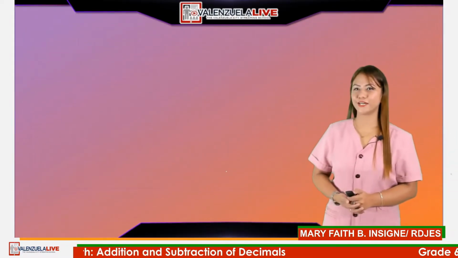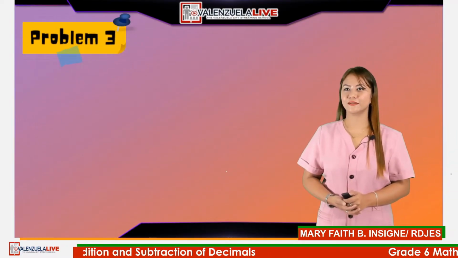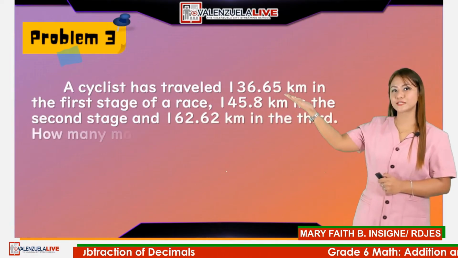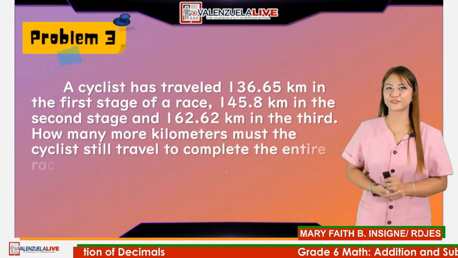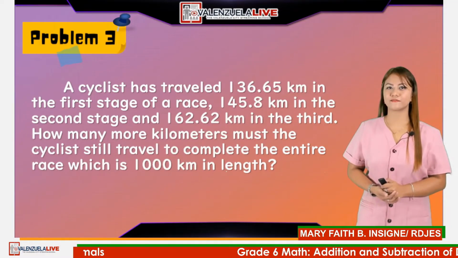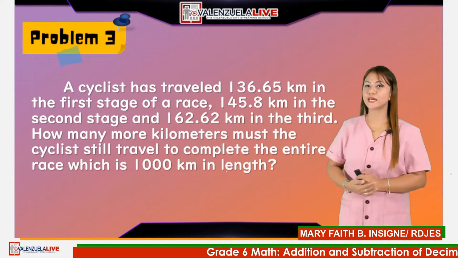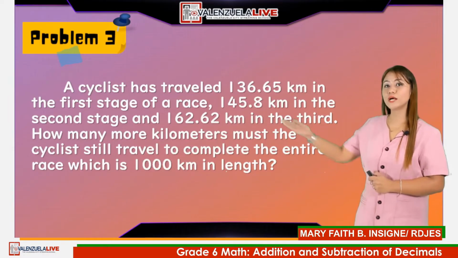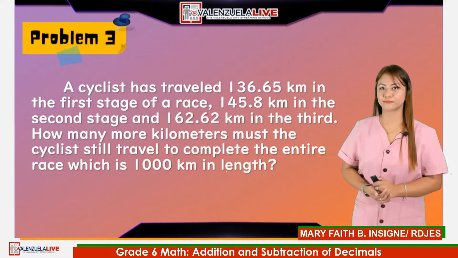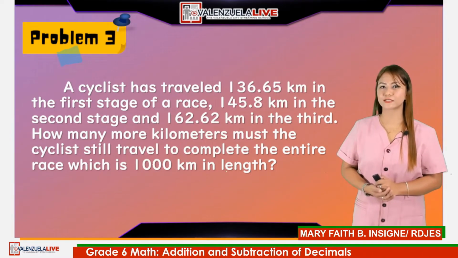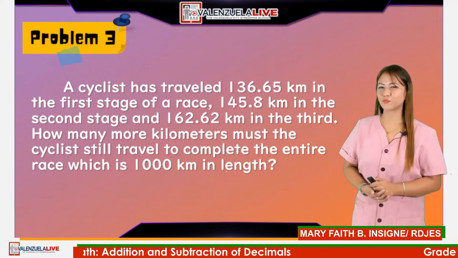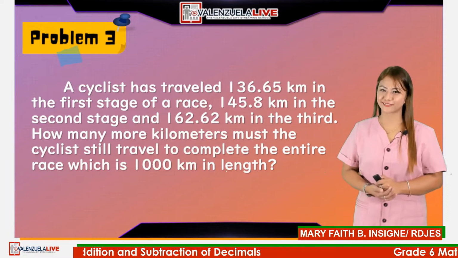For the last problem, we have a cyclist who has traveled 136 and 65/100 kilometers in the first stage of a race, 145 and 8/10 kilometers in the second stage, and 162 and 62/100 kilometers in the third. How many more kilometers must the cyclist still travel to complete the entire race, which is 1,000 kilometers in length?